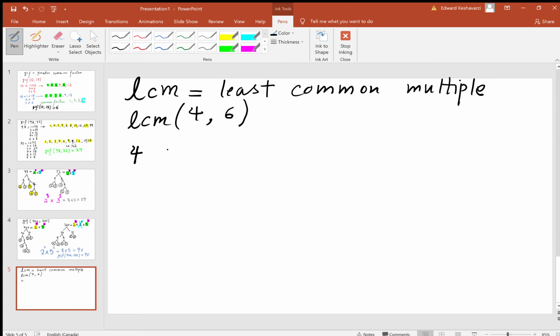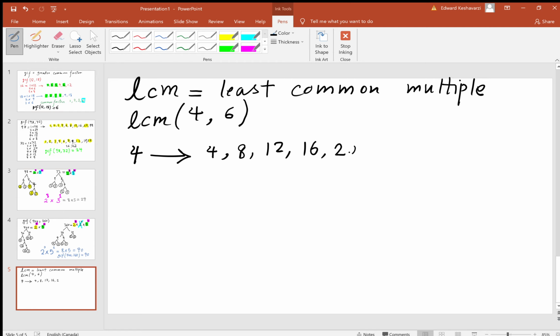First thing, we'll write down here all the multiples of 4 from least to the greatest. So multiples of 4 means 4 times 1, which is 4, 4 times 2, 8, 4 times 3, 12, 4 times 4, 16, and as you see, they go up by 4.